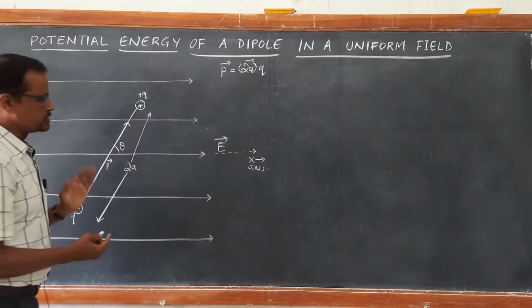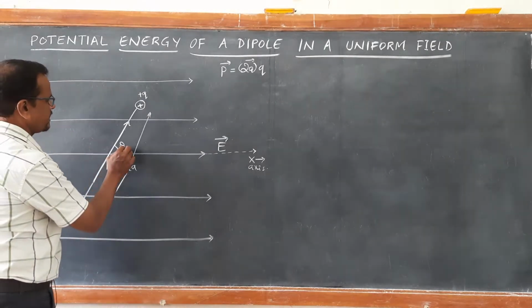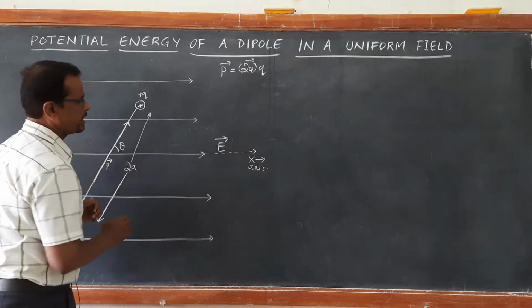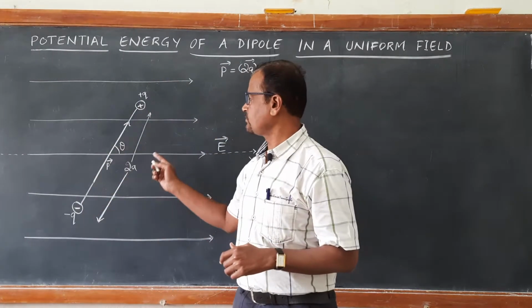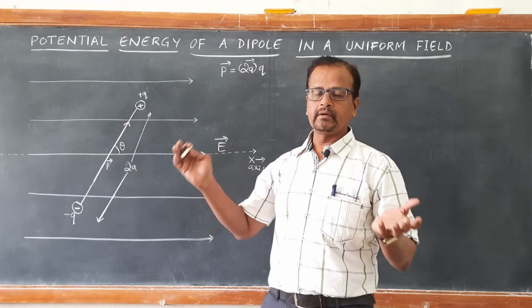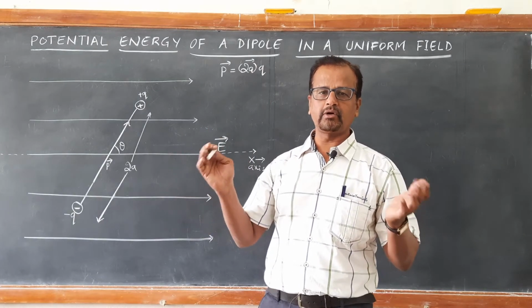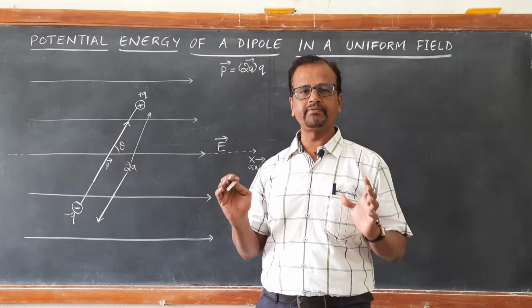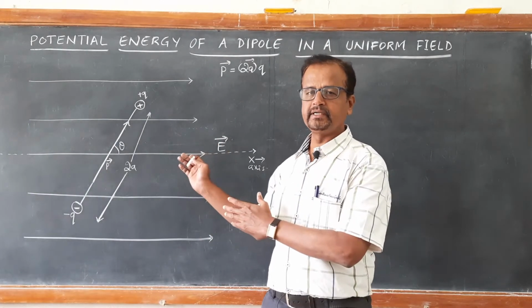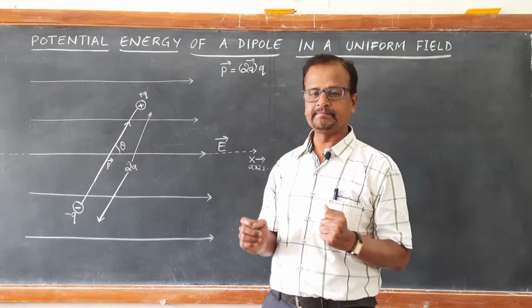When such a dipole is placed with certain angle theta with respect to electric field, we have studied earlier that this dipole will be experiencing a torque due to external electric field. The external electric field here is uniform electric field, right?